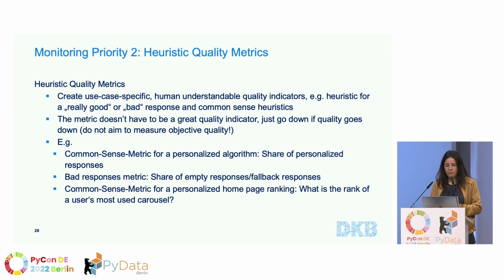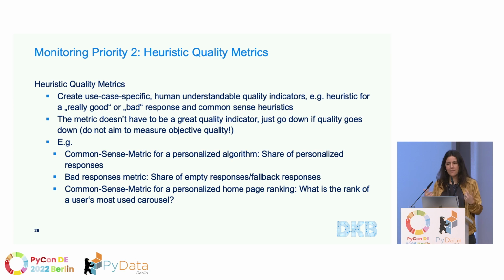I also saw a talk by Spotify, where they do a personalized homepage ranking, and they had a heuristic that was the rank of the user's most used carousel. So if you always, let's say, click on your favorite band, or on 80s songs or your favorite playlist, that would be your most used carousel.